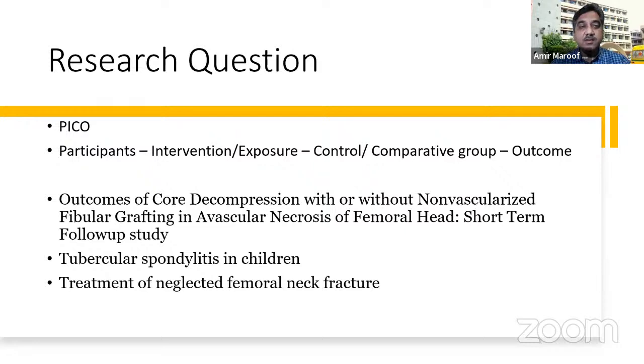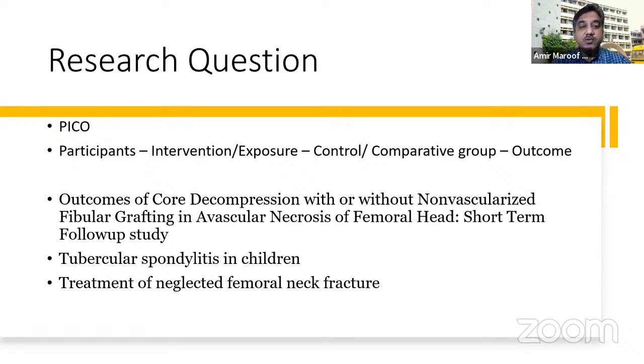The only difference is that as we move ahead from title to research question, we have to put it in the question form. That is not kept here. So we will have to further modify it and mention it like, what are the outcomes of core decompression with or without non-vascularized fibular grafting in avascular necrosis of femoral head?